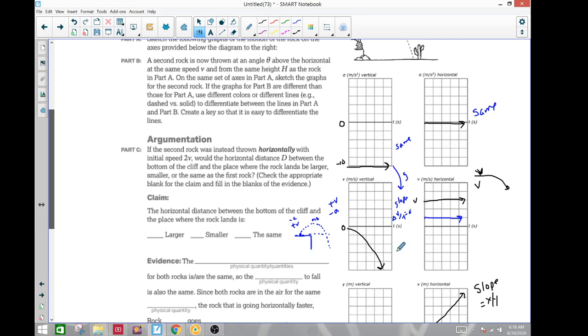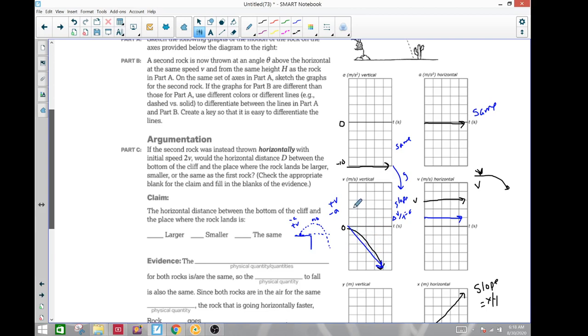So in this situation, I should have a line that's flat, and this line here also should be flat. It has to be flat because the slope represents acceleration. Make a note of that. This line here should be -10 for gravity.